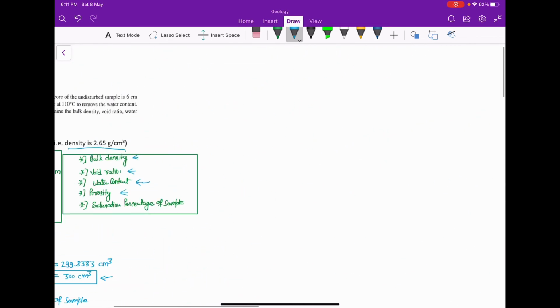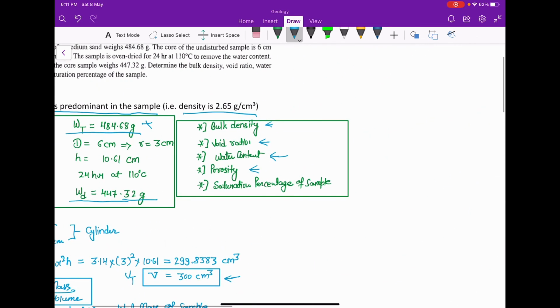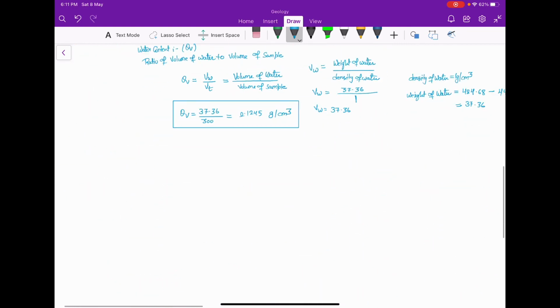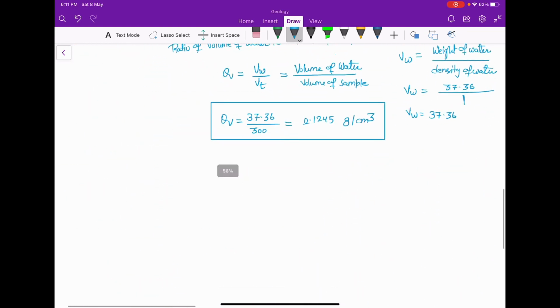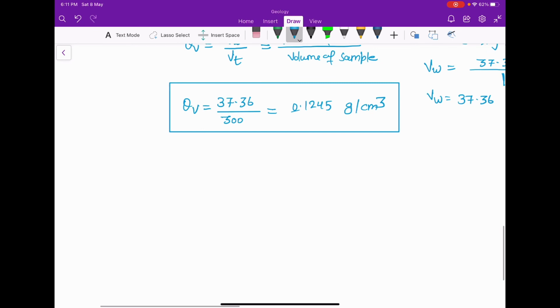Next is porosity. So porosity phi is equal to Vt minus Vs divided by Vt. That is, Vt is the total volume, 300, and Vs is the volume of solid, 168.8, divided by 300.